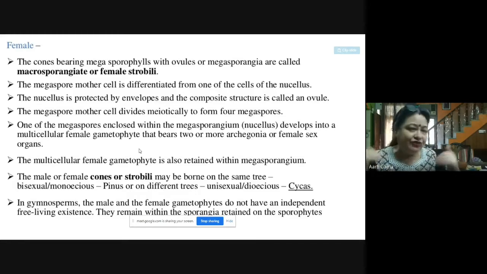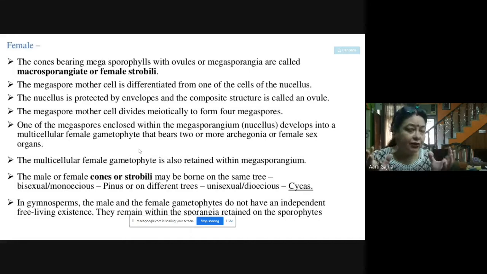Now, all the megaspores will not develop, only one will develop, and this megaspore will be enclosed in the megasporangium, that is the nucellus, and it will develop into the multicellular female gametophyte. Now, this multicellular female gametophyte will bear two or more archegonia.